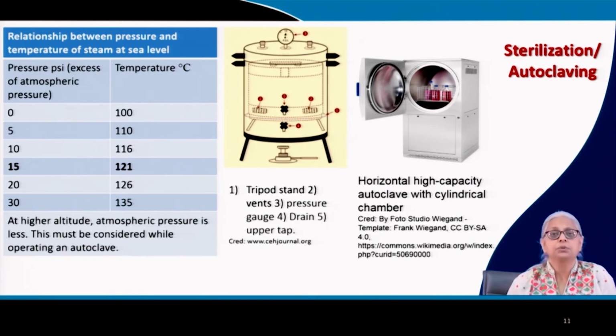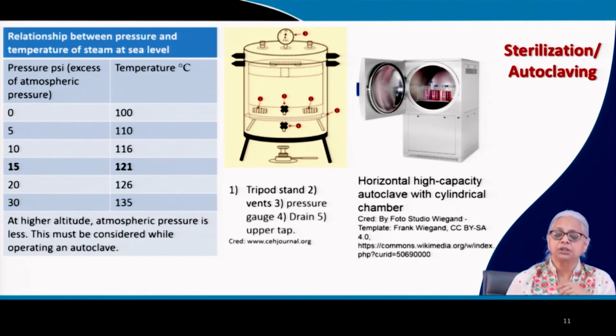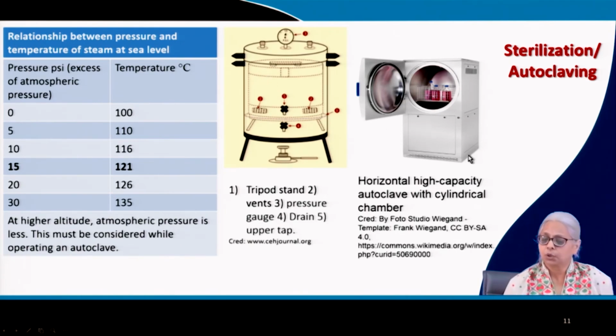Your pressure cooker is also just like an autoclave. You can use it for sterilizing small objects and small amounts of media and so on. So this is a horizontal loading autoclave, which means all the material is put in the horizontal direction. In the first case, it's a top-down loading autoclave. So all types are available in the market.